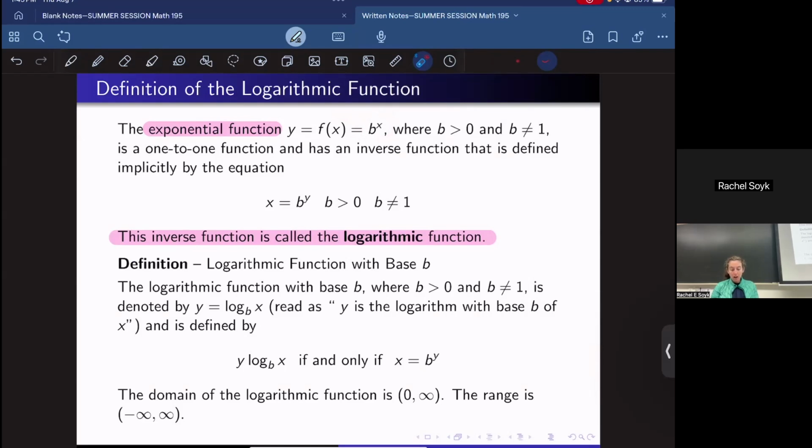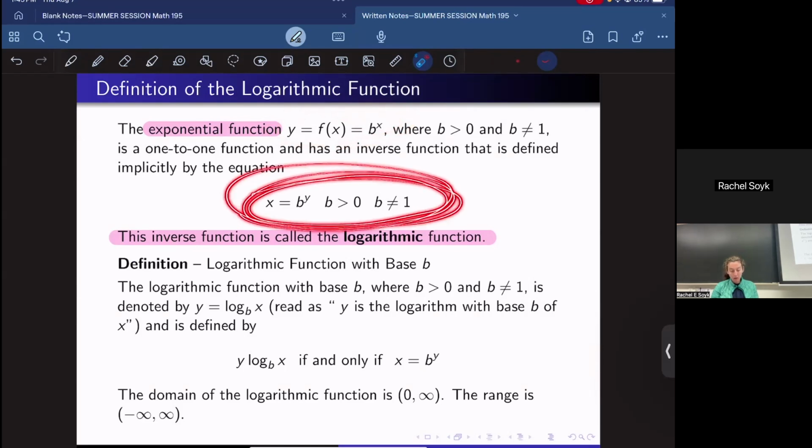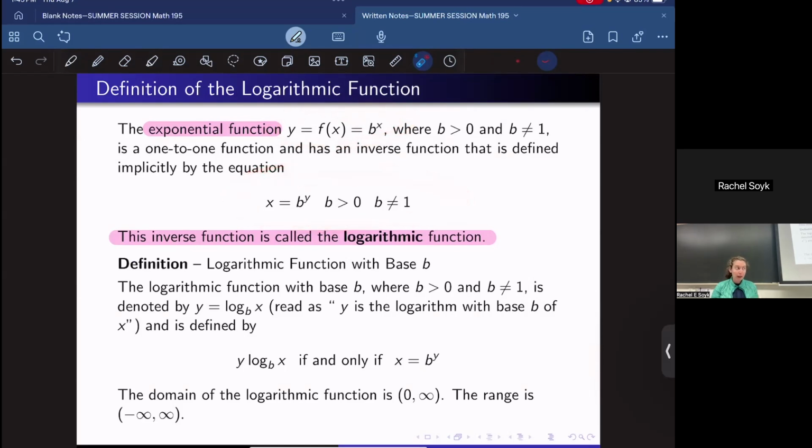And then in order to find your inverse of this function, how do we find inverse? We flip our x and y values. And so our inverse is represented here, which is known as our logarithmic function.